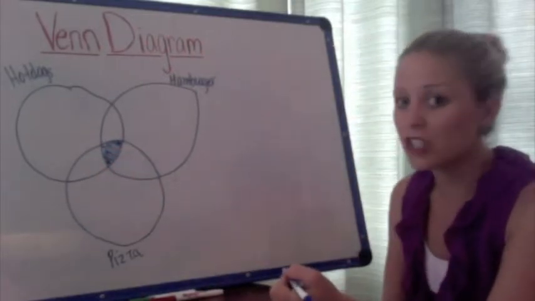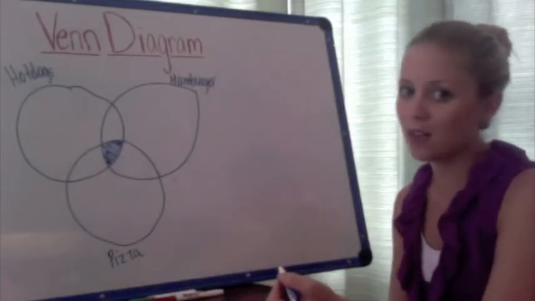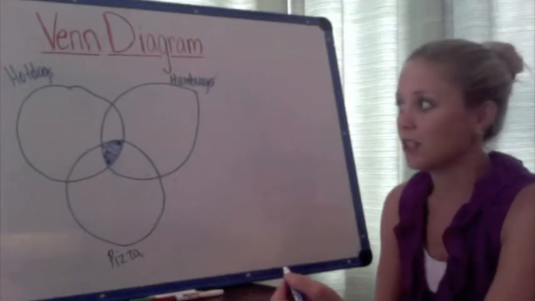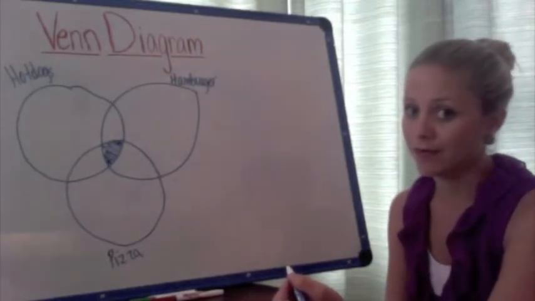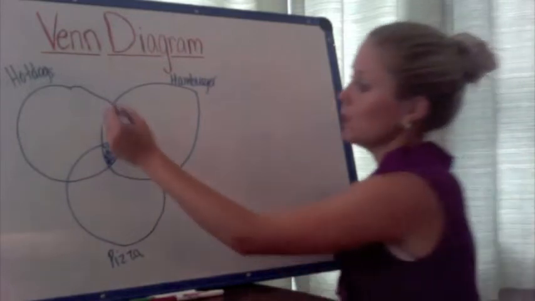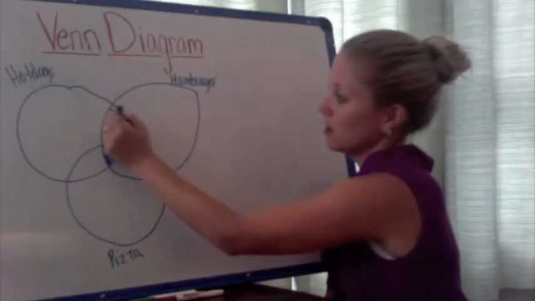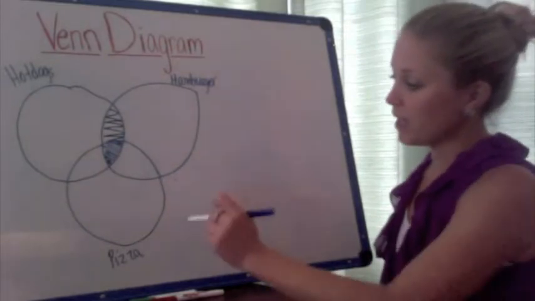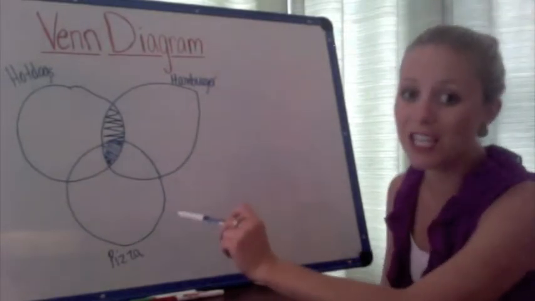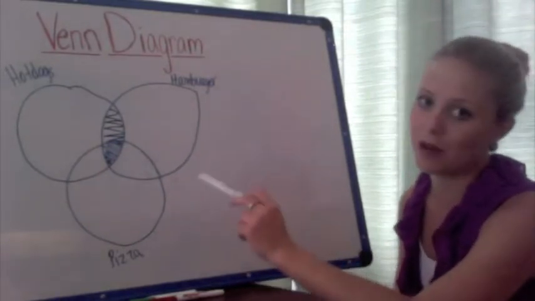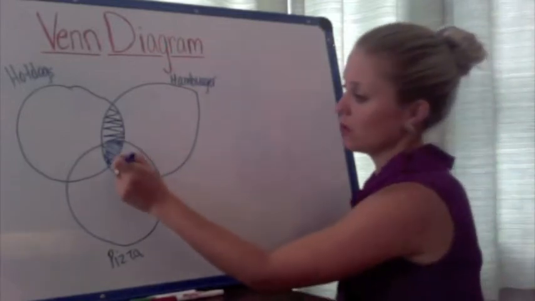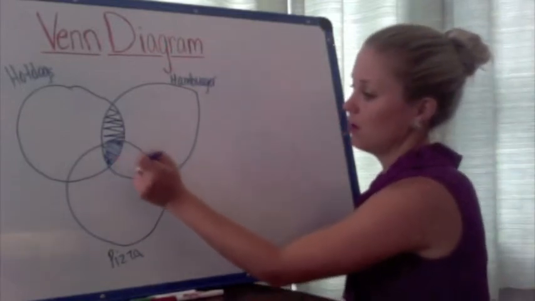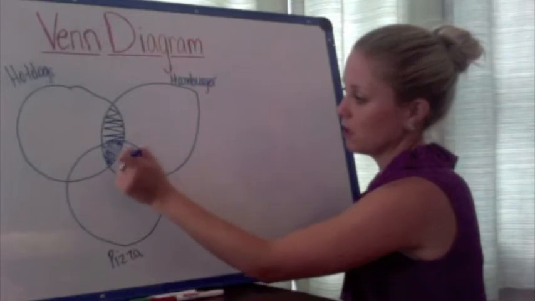But Johnny, he again only likes hot dogs and hamburgers. So he would go in this space. And then down at the bottom over here, Emily said she only likes pizza and hamburgers. So Emily goes over here, in this space here.